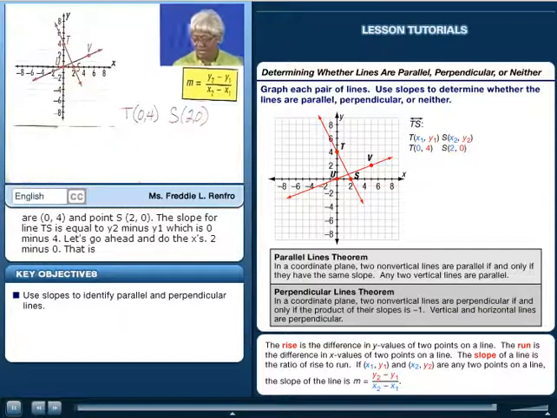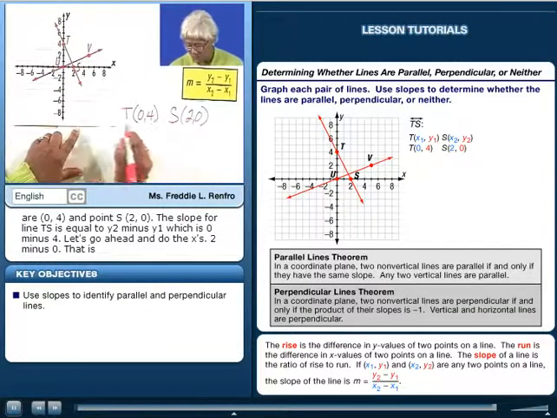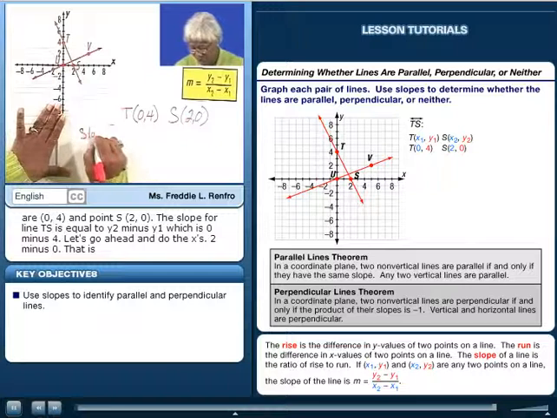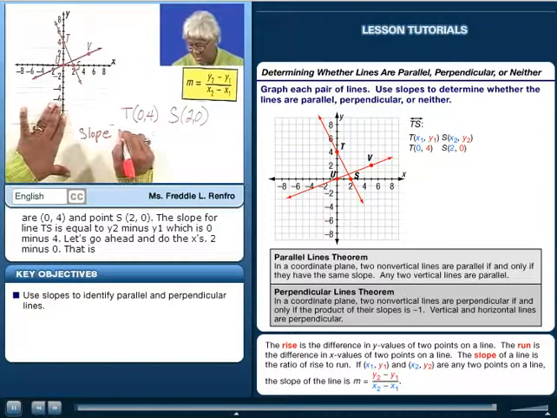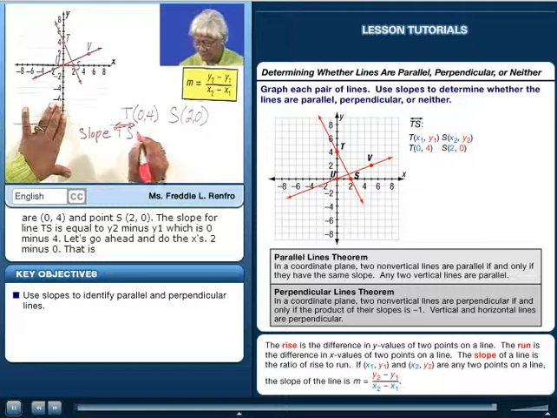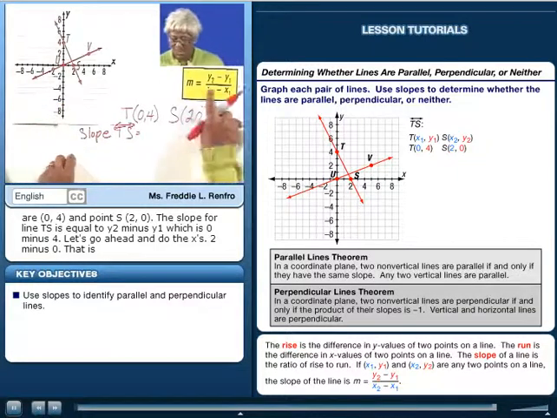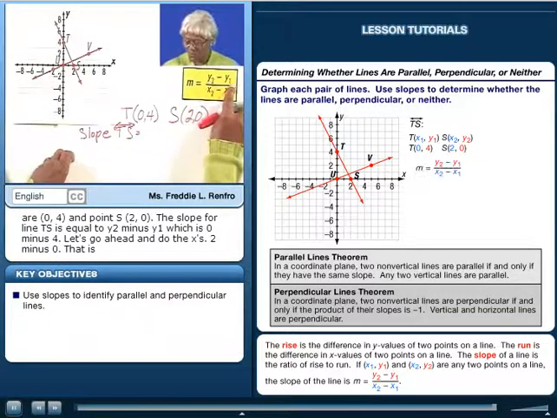Now, the slope for line TS is equal to y2 minus y1.